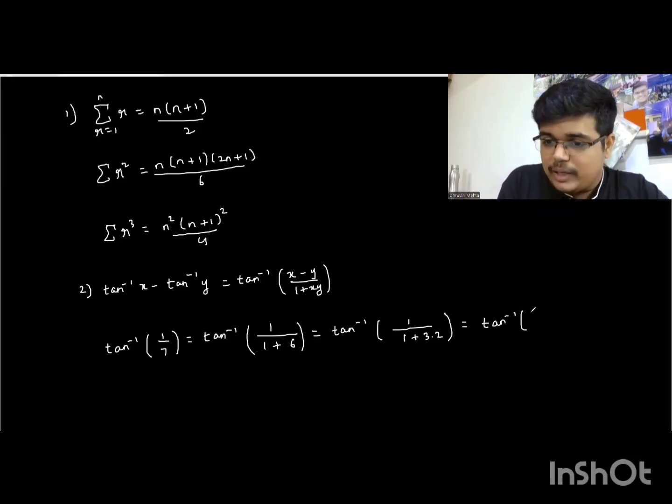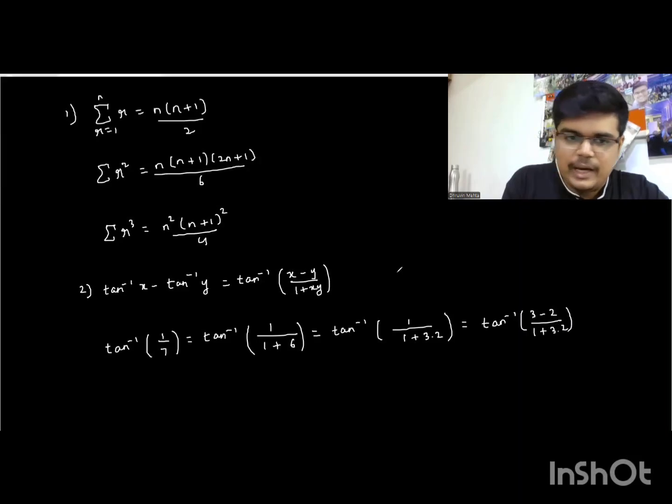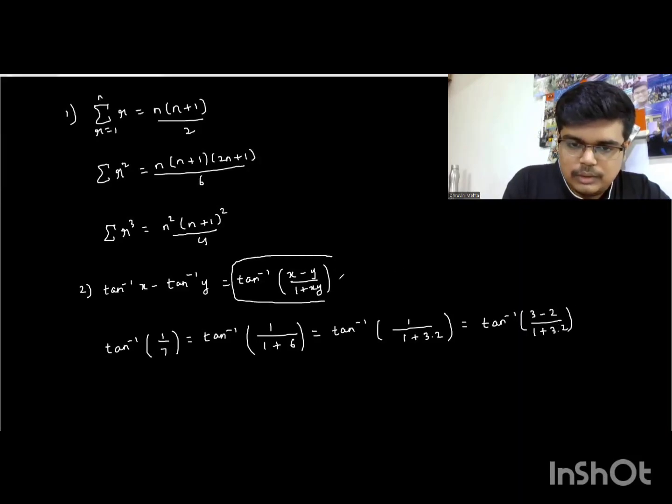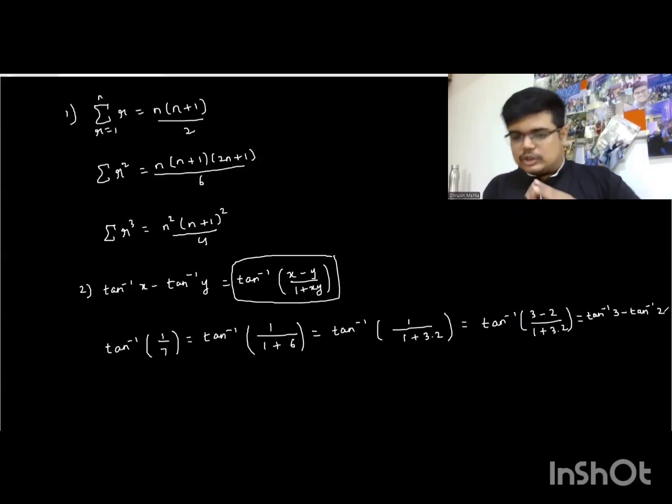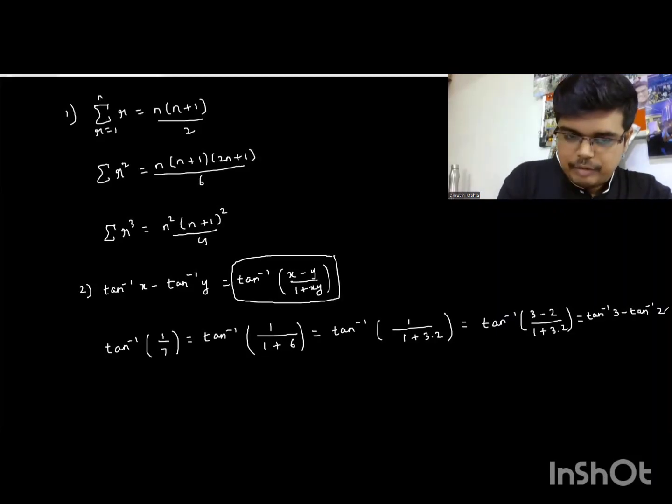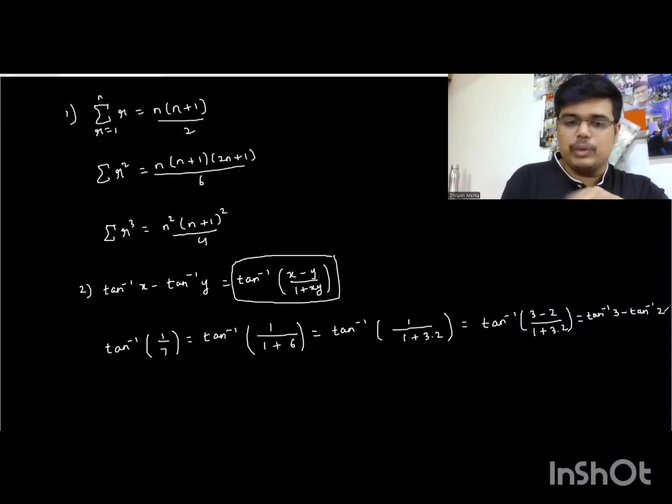Do you understand that 1 can be written as the difference of 3 and 2? What I'm trying to do is create this. If you compare, x is 3, y is 2, so the answer is tan inverse 3 minus tan inverse 2. So this is one operation of ITF which you need to know for 1 or 2 sums. This is going to help us in the questions. So you can note this down, students, learn all the formulas, and then continue with the video.